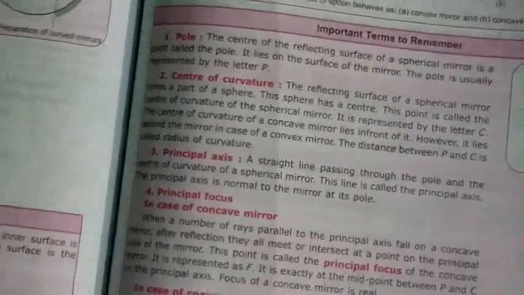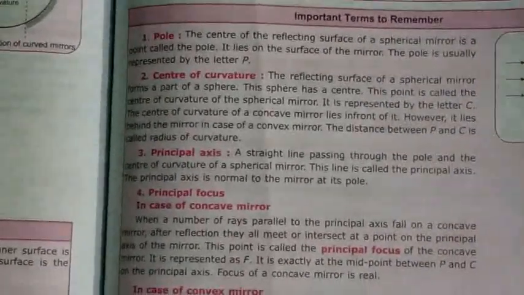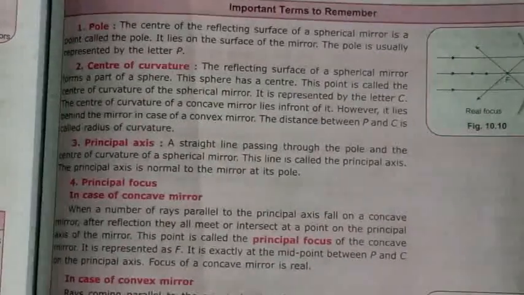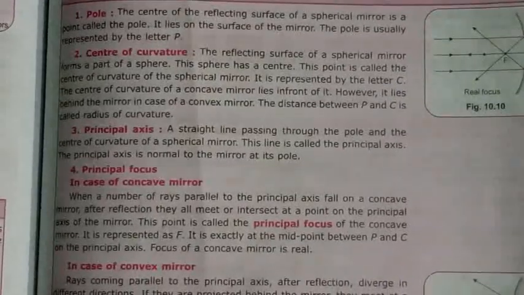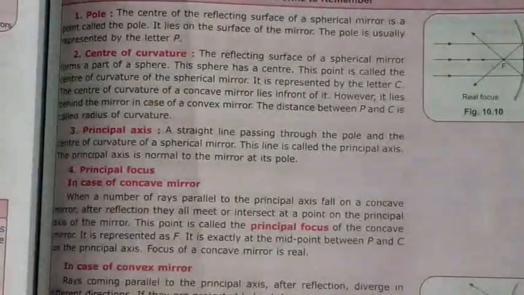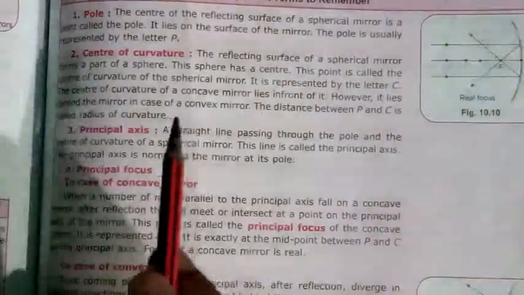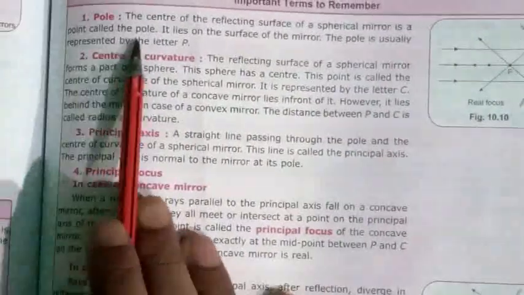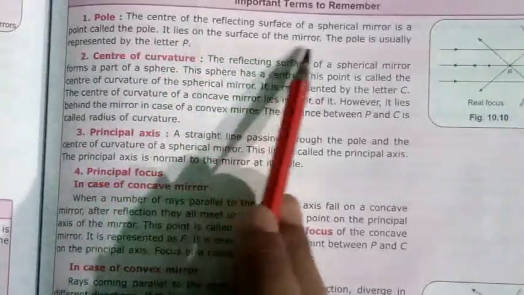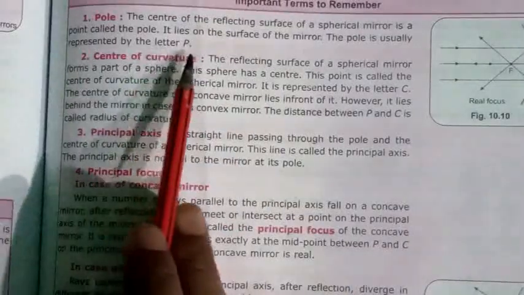Here you can see the center of the reflecting surface of the spherical mirror is a point called the pole. It lies on the surface of the mirror. The pole is usually represented by the letter P.